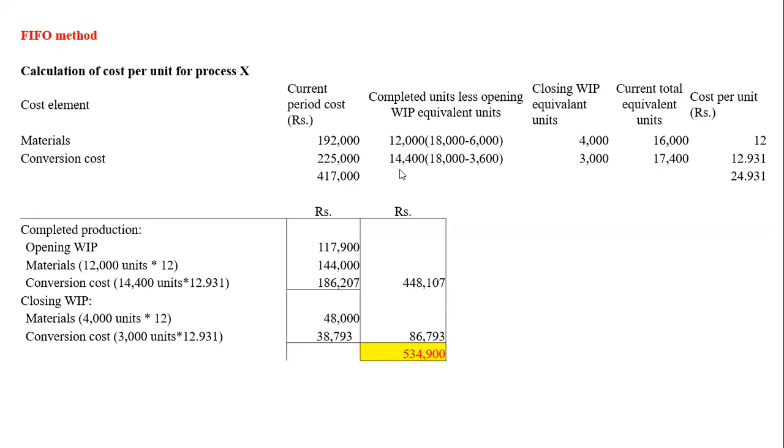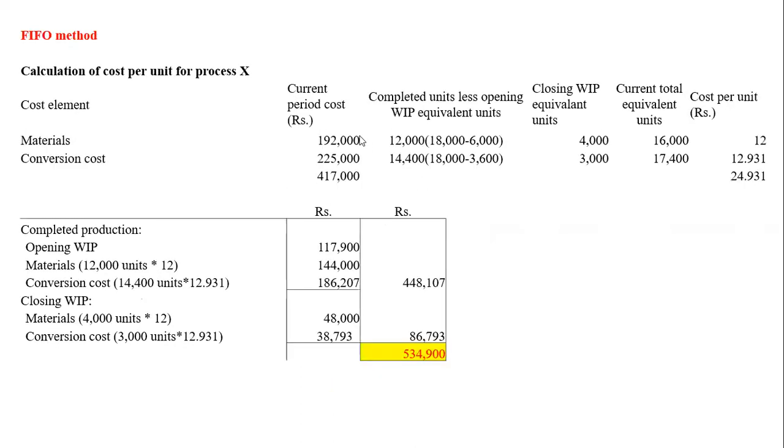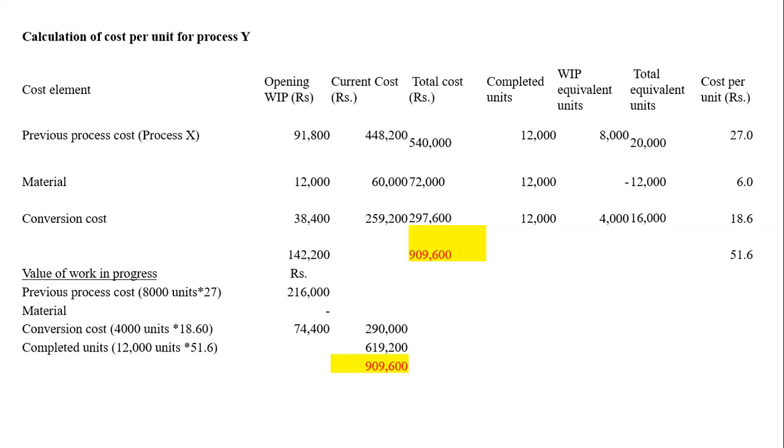In other words, if you go to process X, for the material, for process X, we introduce 192,000. This 192,000 is applicable only for the new products. How do you find it out?